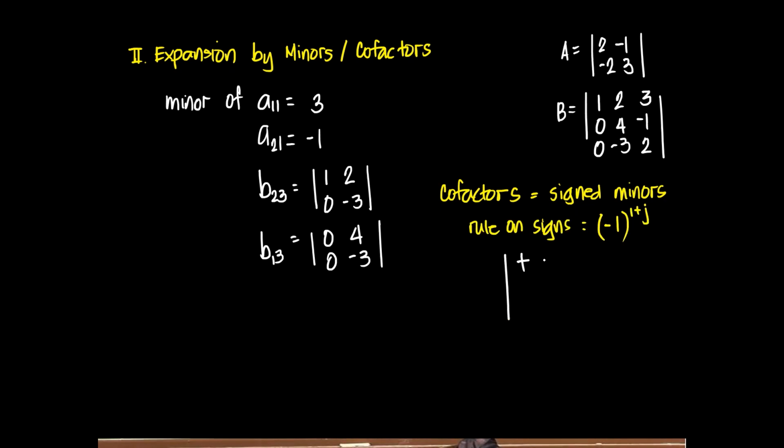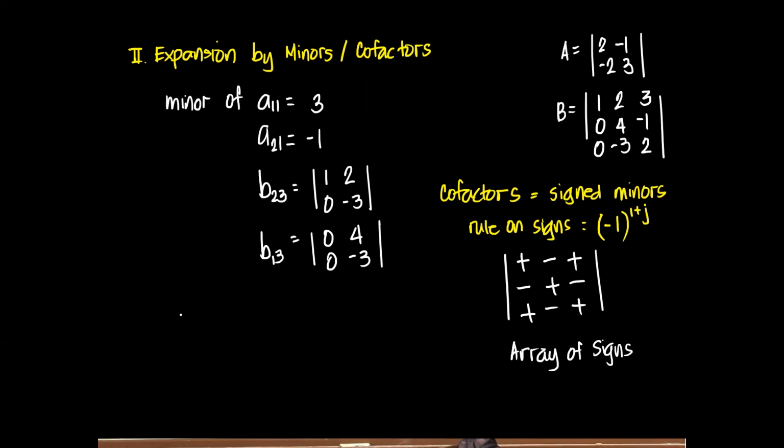Ito, 1 plus 2, negative. 1 plus 3 is positive kasi magiging 4, di ba? And then, sa 2, 1, 2 plus 1, it's 3, so negative siya. So you'll notice that it becomes like this. This is what you call the array of signs.